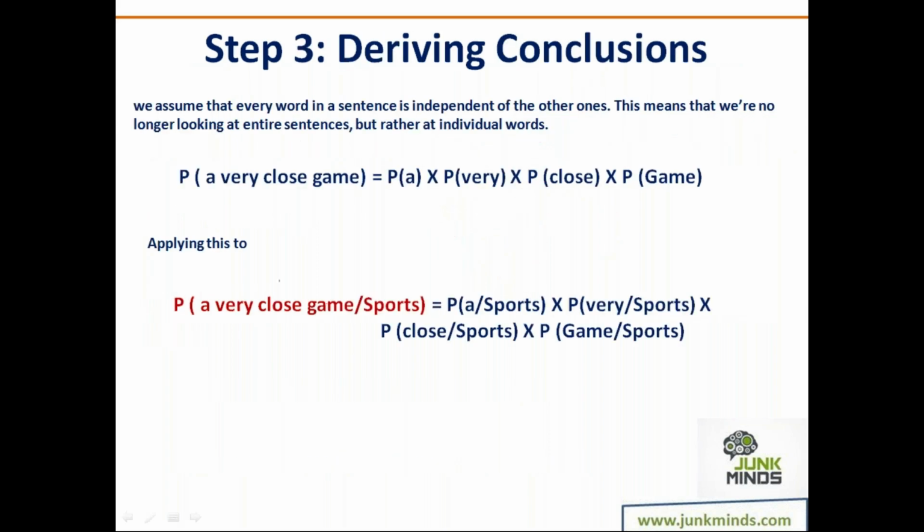So how do I calculate this probability? So guys, observe this. The probability of this statement, a very close game, is the probability of using A, the probability of using this, the product of the probabilities of each of the words is going to give me the probability of this particular sentence. So that is what we need to do.